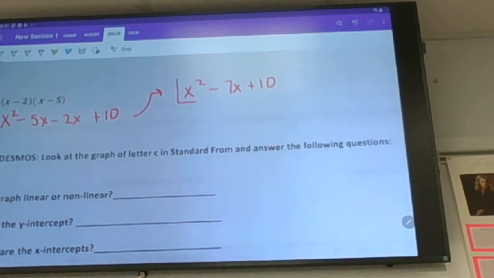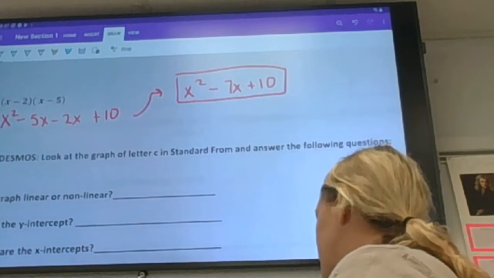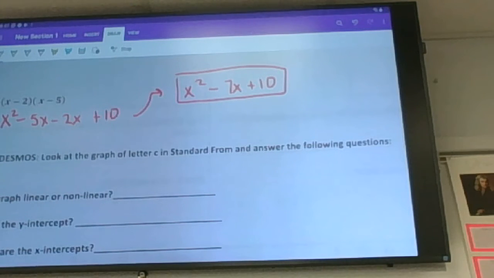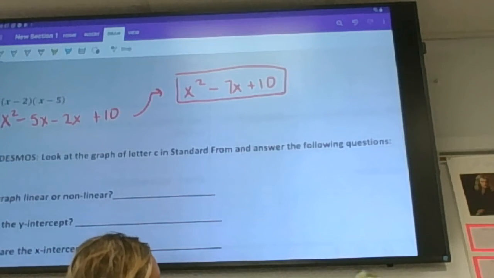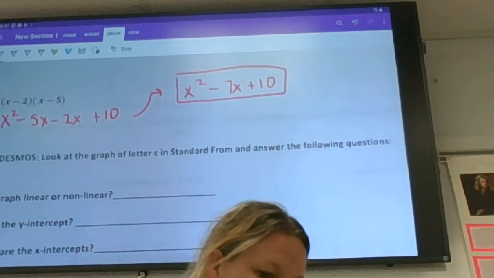So standard form, what we're actually going to put into Desmos is x squared minus 7x plus 10. And we're going to take a look at what the graph looks like. So I wanted to give you a chance to explore Desmos. Some of you guys have been on it quite a bit, and some of you have never seen it.